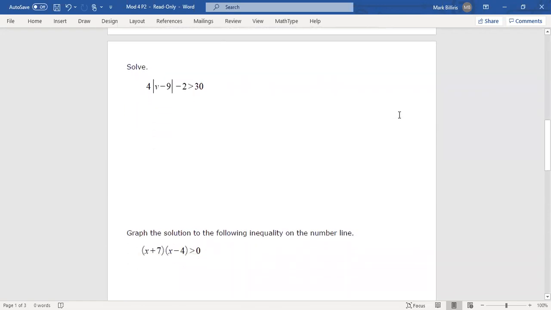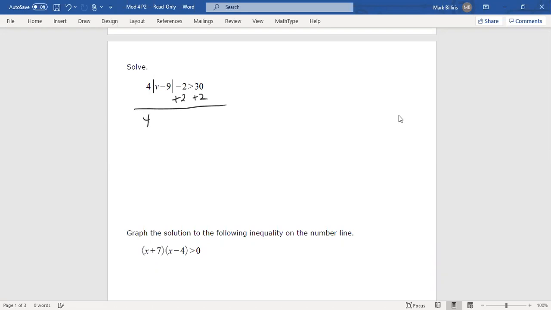Our next example, we have 4 times the absolute value of v minus 9, minus 2 is greater than 30. So the first thing that we need to do is isolate before we look at our two solutions. So we're going to add 2.